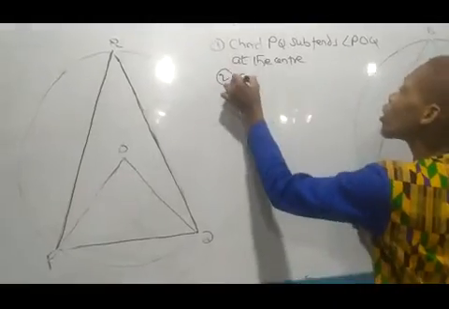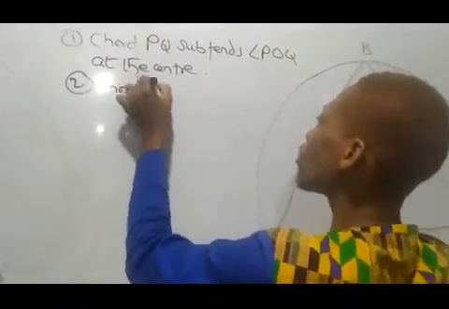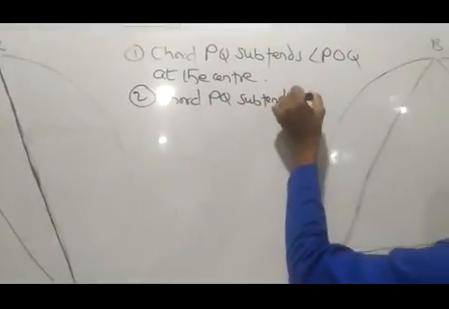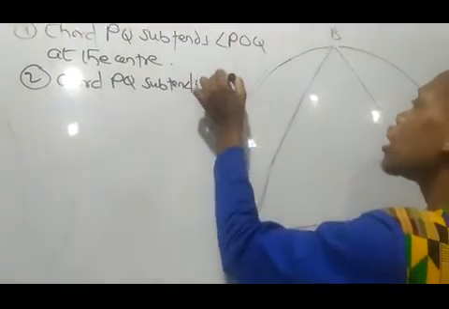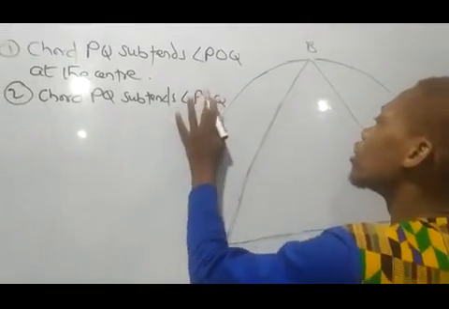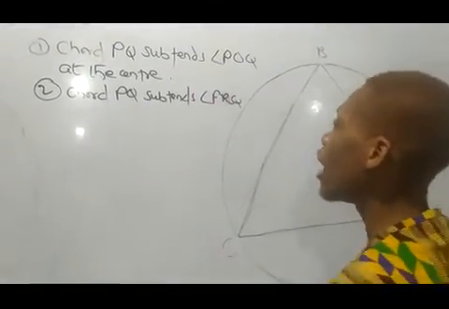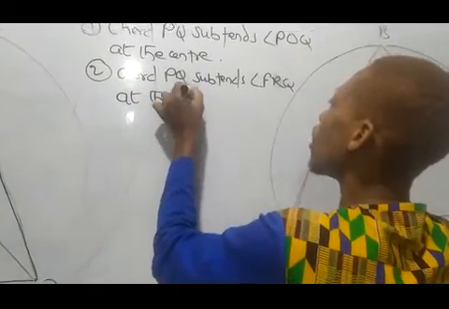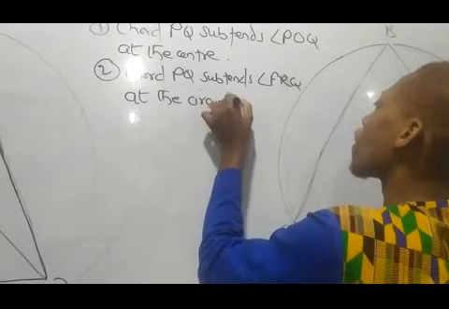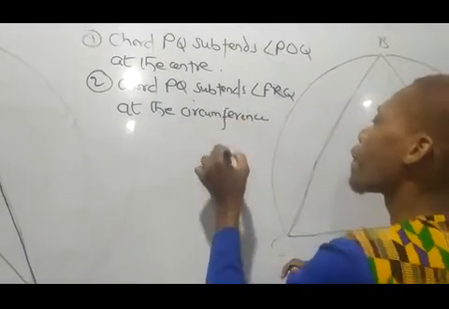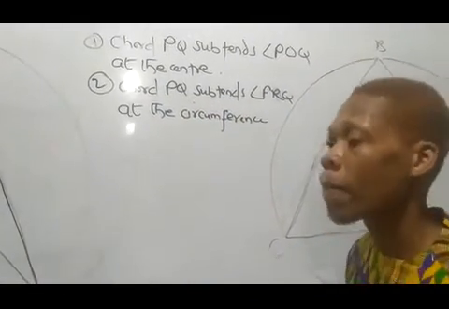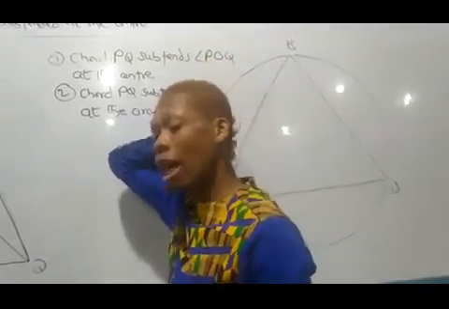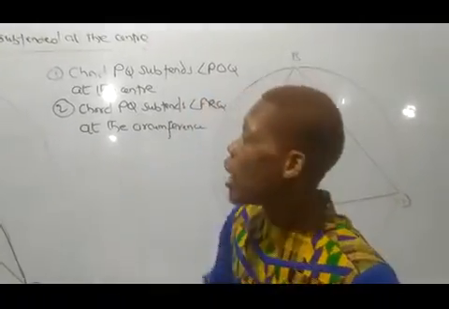So 2, chord PQ subtends angle PRQ. Angle PRQ, this time around at the circumference. So chord PQ subtends angle PRQ at the circumference.